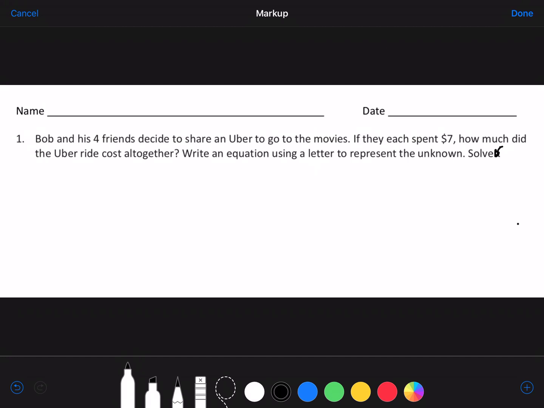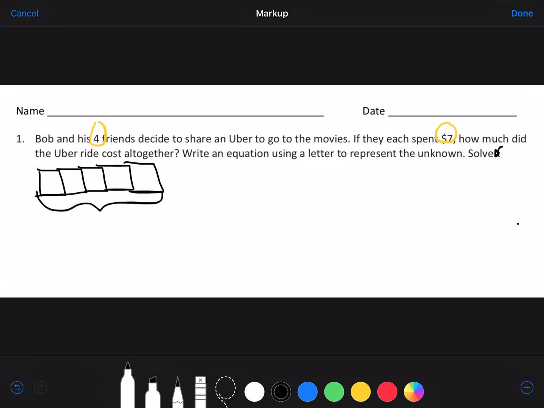The most common mistake that people do here is that they see the 4 and the 7 and they think that the answer is going to be 4 times 7. But it is not, because those people are forgetting Bob. So when I draw my picture, there's Bob, and then there's his 1, 2, 3, 4 friends.